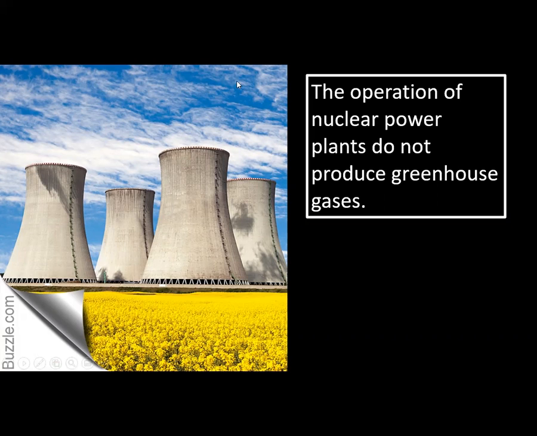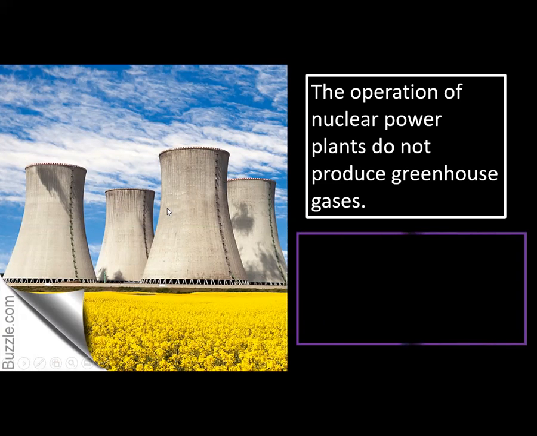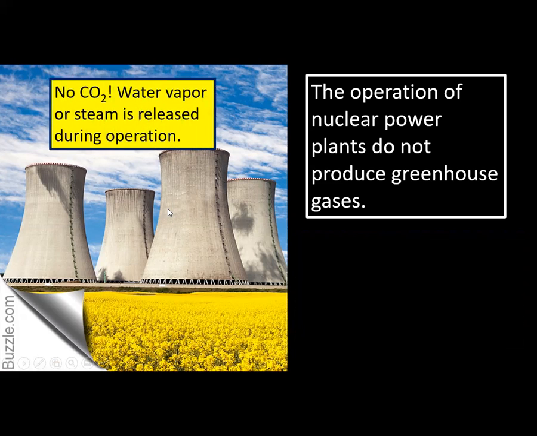A lot of people are supporting the use of nuclear power plants because they do not produce greenhouse gases like carbon dioxide. Instead, they release water vapor or steam. So they are not polluting the atmosphere.